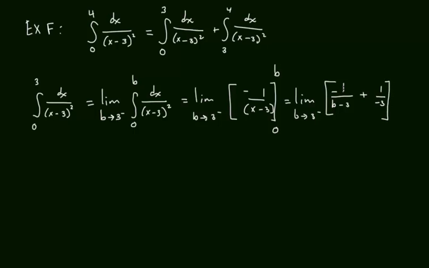Alright, so the question then becomes, what about this? I know I can't plug in 3 for b, and this is specifically 3 from the left, so it's getting closer to 3, like 2.9, 2.999. So this is getting close to 0 with negative numbers, together with the negative on top.